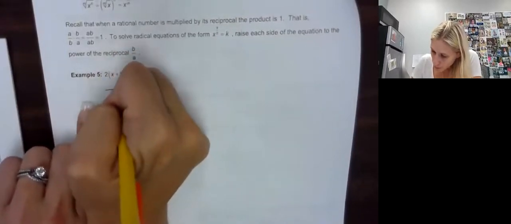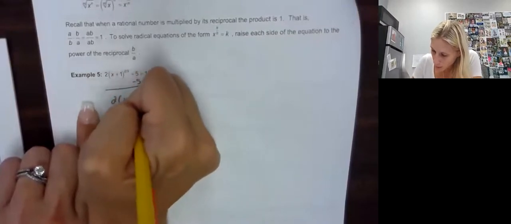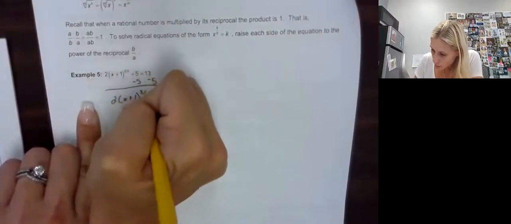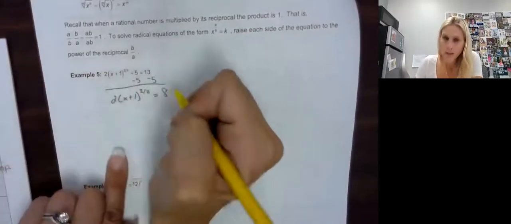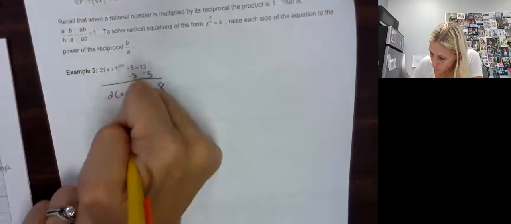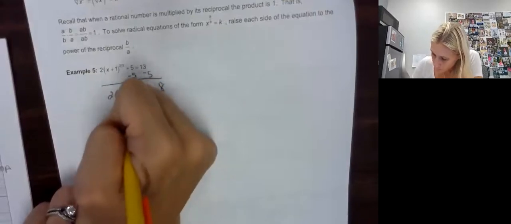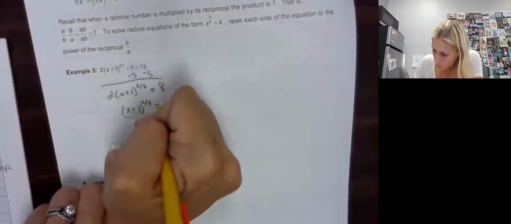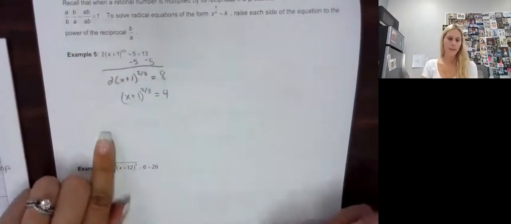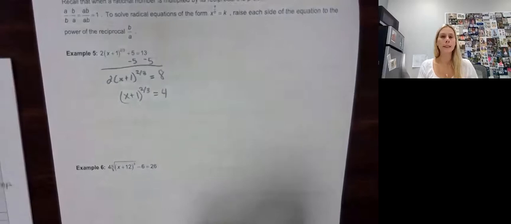We get 2 times x plus 1 to the 2/3 equals 8. Now we're going to divide by 2. So we get x plus 1 to the 2/3 equals 4. Now I'm going to do these separately.